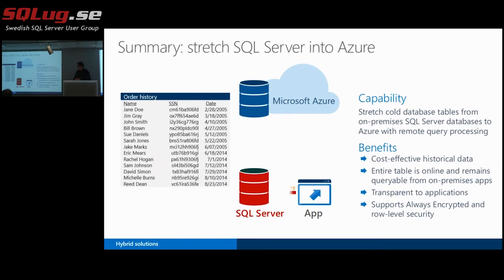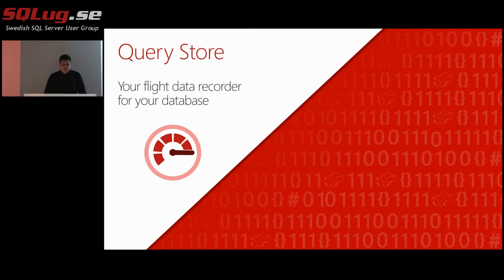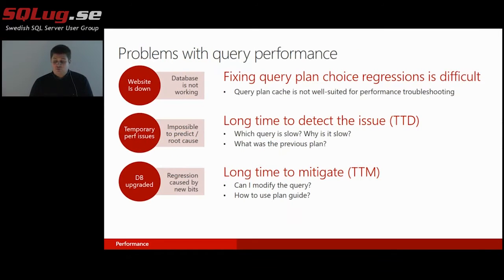Okay, now we should go to the query store. Microsoft calls it the flight data recorder for your database. The most exciting feature, I think, from my perspective as a DBA, is something I really wanted for a long time. Imagine a situation we all face almost every day: the application is not working, for example the website is down, and the first reaction from our end user or customer is that the database is not working.